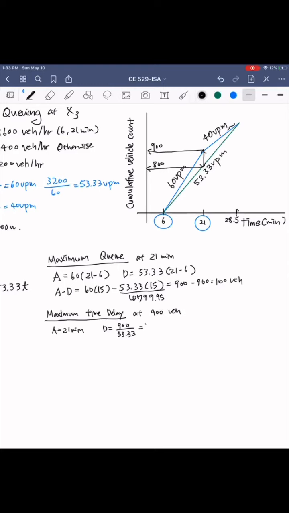It is 16.86. We can round it up to 17 minutes. And we have to add the 6 minutes because the curve is shifted to the right, which will be 23 minutes. So the difference, 23 minus 21 minutes, is 2 minutes. So the maximum time delay at the 900 vehicle count is 2 minutes.